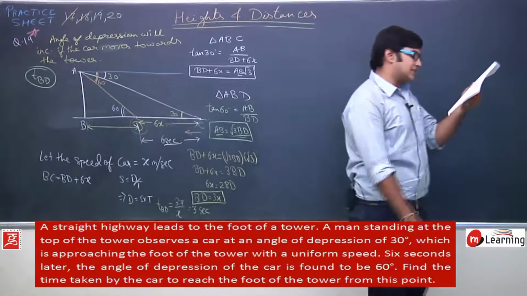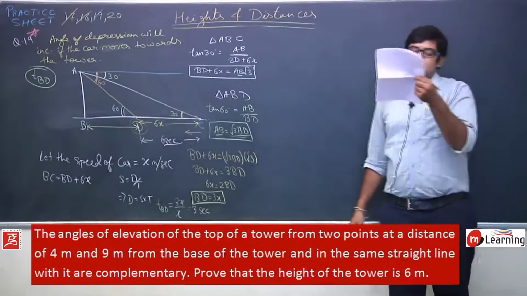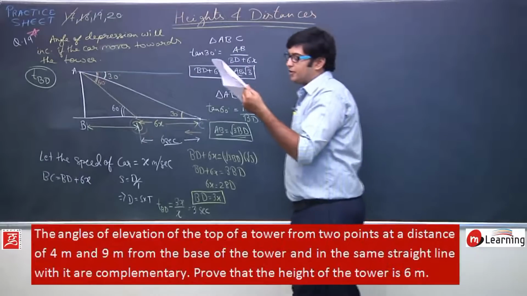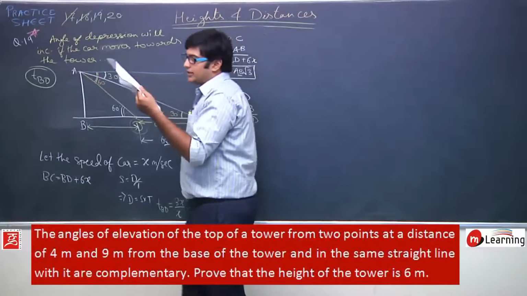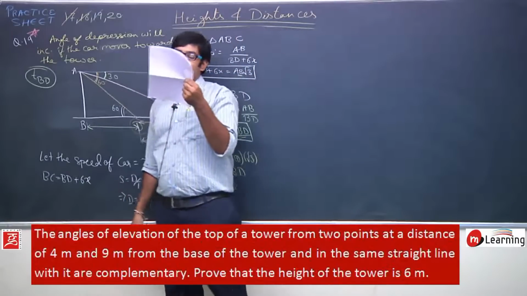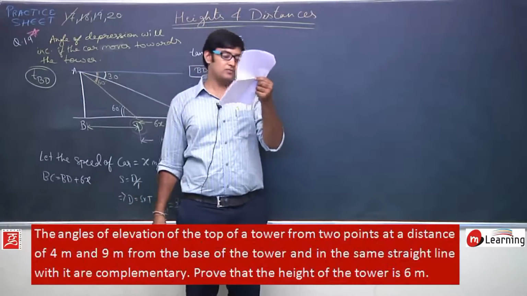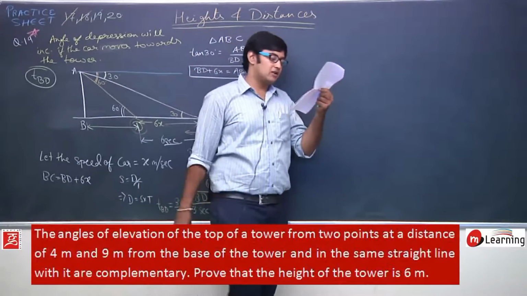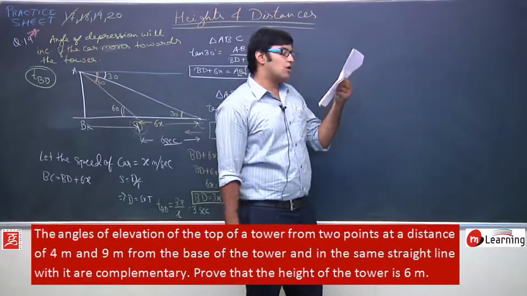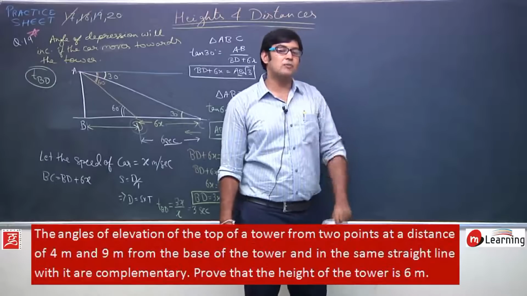Question number 20 says the angles of elevation of the top of a tower from 2 points at a distance of 4 meter and 9 meter from the base of the tower and in the same straight line with it are complementary. What is complementary?